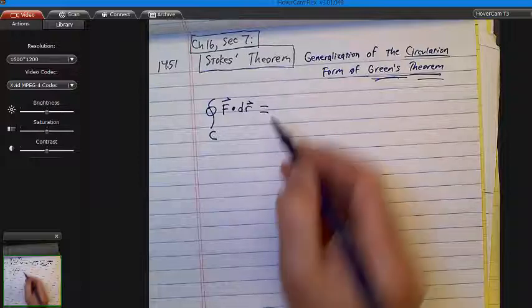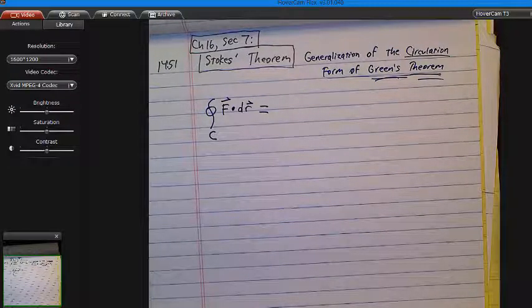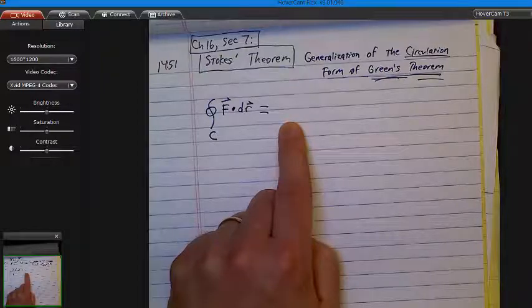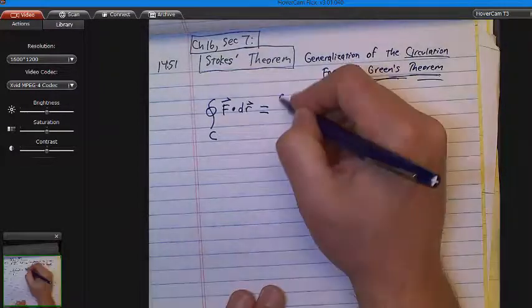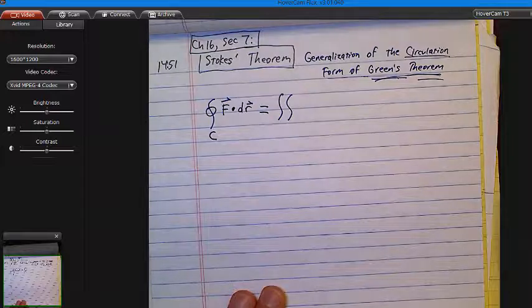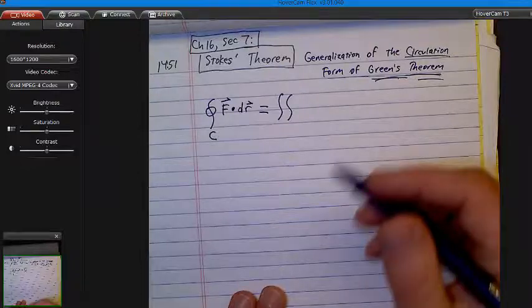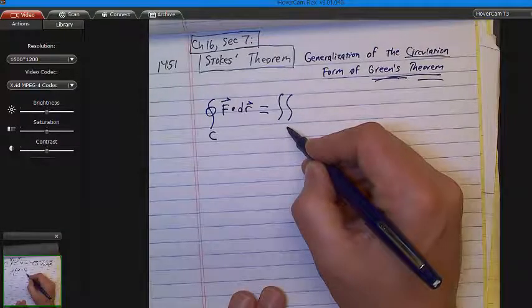Equals. And when we had Green's theorem, what did we have on the right-hand side? A double integral. I'm still going to write that for Stokes' theorem. But the only difference is, instead of putting an A down here, I'm going to put an S here.